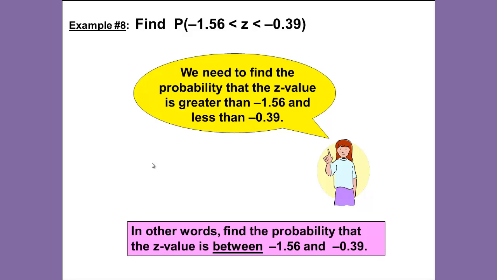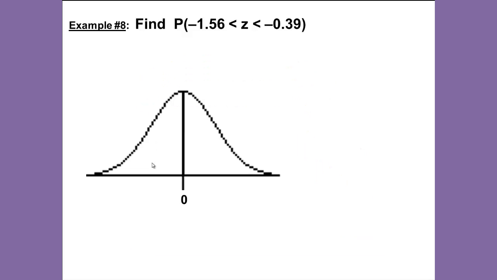In other words, find the probability that the z value is between negative 1.56 and negative 0.39. Once again, draw your normal bell-shaped curve with 0 in the center. Mark both the negative 1.56 and the negative 0.39. Both of those values will be to the left of the 0. We will shade between those because for between, you do shade between your two z values.